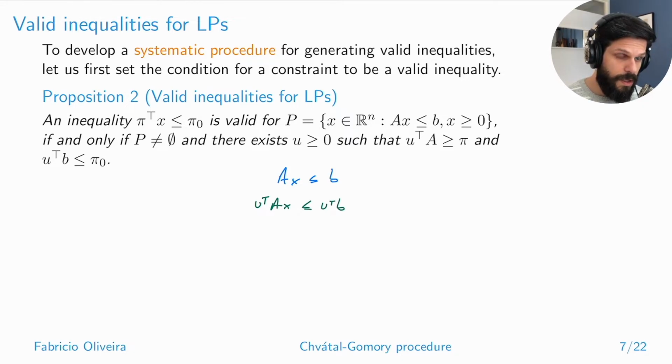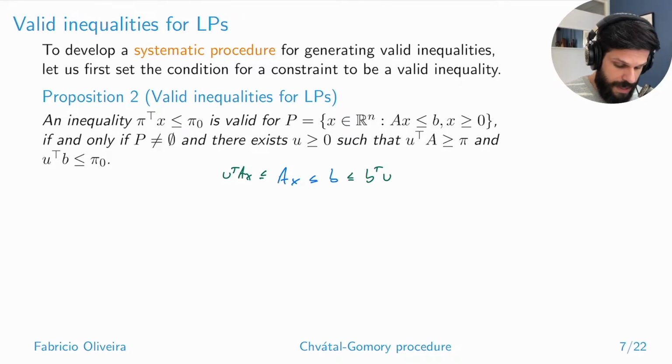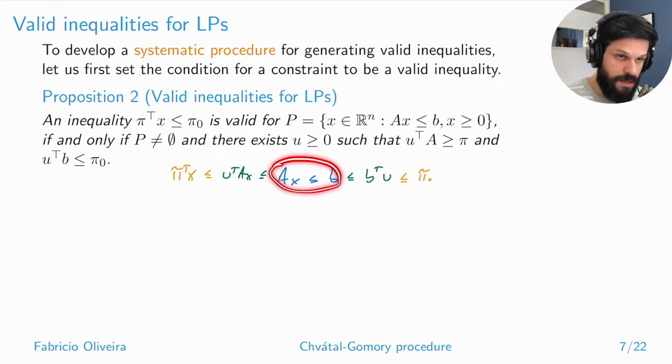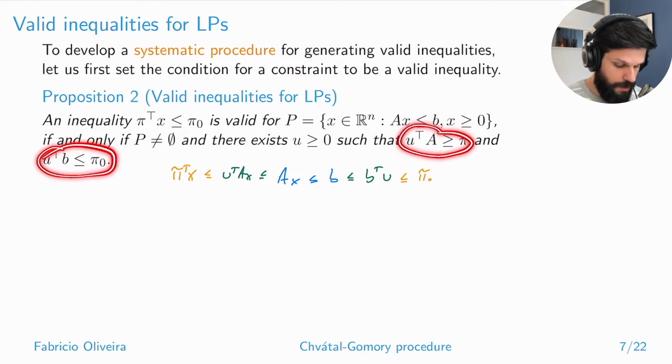Perhaps I can even write it instead like so. Let me redo this. So what we do is something that looks like so, with no negative weights, and then combining the rows. And then what we're going to do next is make sure that whatever we do to generate these inequalities is such that they look like this. So we're kind of safeguarding, guaranteeing that this condition is not broken. And this is exactly what is behind this condition here and here.